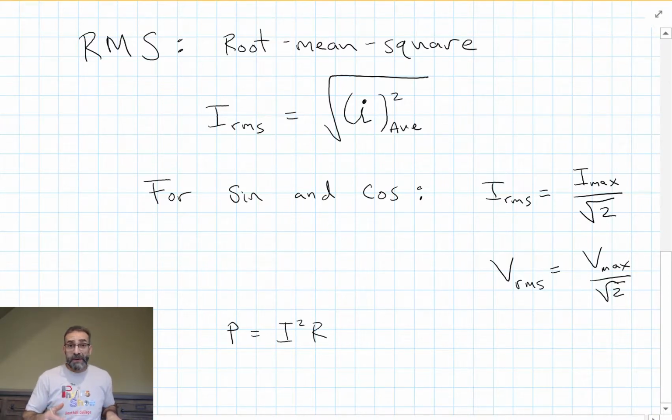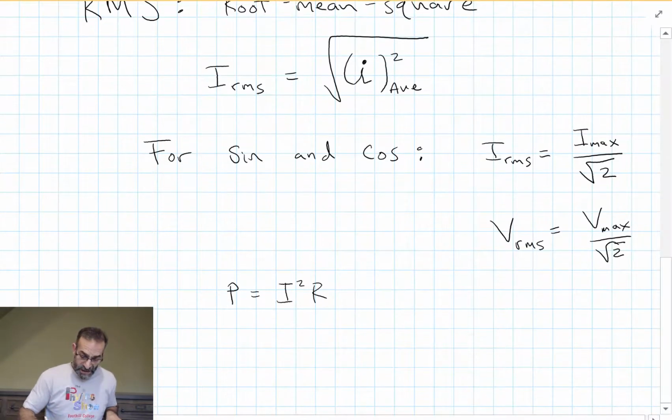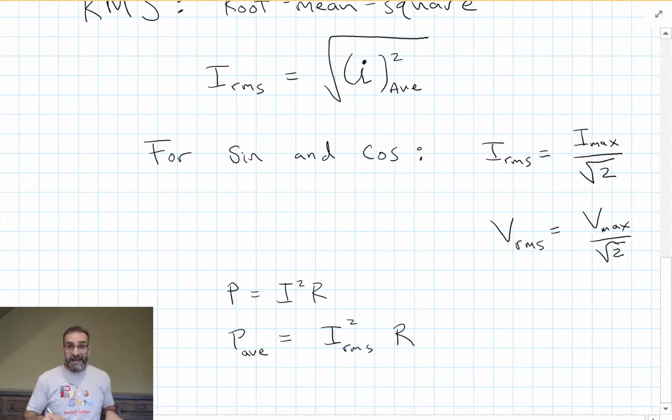And if we want to know the power delivered to a resistor in an AC circuit, we can say the average power is the RMS current squared times R. This also enables us to use tools like digital multimeters when dealing with AC circuits.